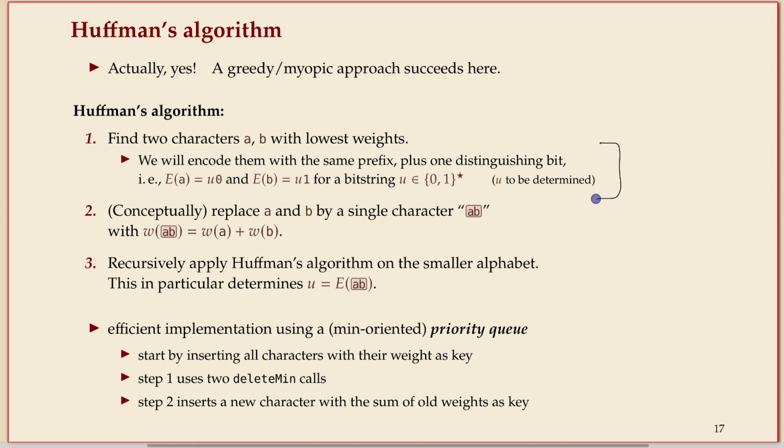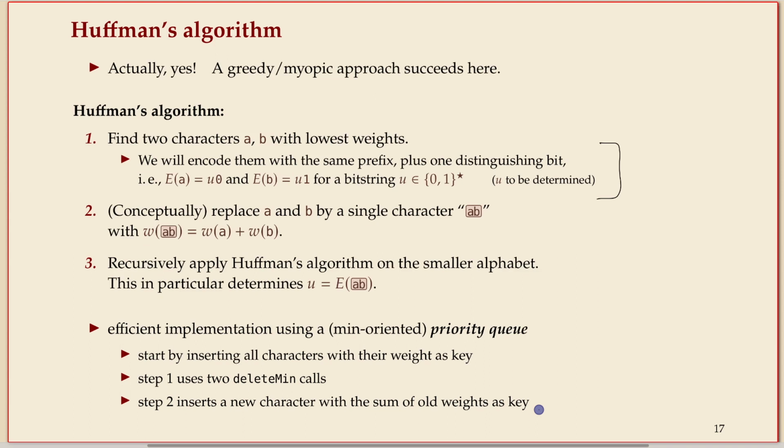But we've seen exactly the right data structure for that, namely a priority queue. If you keep all the characters in a priority queue, you can do extract min twice. That gives you the 2 characters with currently minimal frequency. And then you create this new boxed character and put it back in the priority queue with the sum of the weights as its priority.